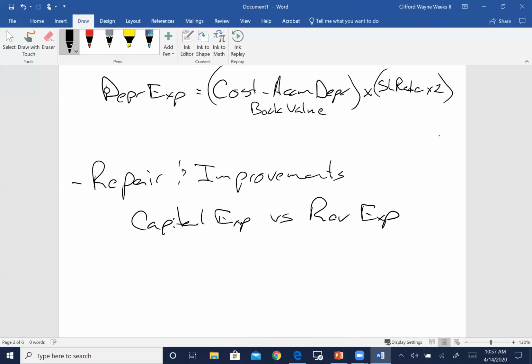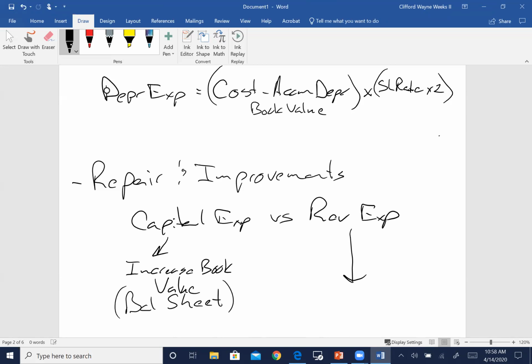The capital expenditure, okay, increases book value. Okay. And so this is on your balance sheet. Okay. Where revenue expenditure, okay, is just an expense, right? And that's on your income statement.